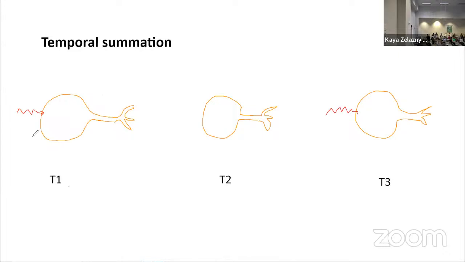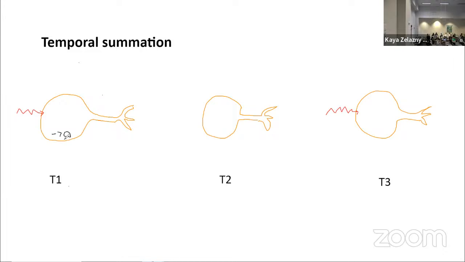So when we say that we have temporal summation, we're saying that if we start with a cell at negative 70, let's say the stimulus is creating a graded potential in that depolarizing direction. It's going to get us closer to 0, closer to our threshold. Essentially, a stimulus somehow opened a sodium channel, let some sodium in. That's how we can get the depolarization.